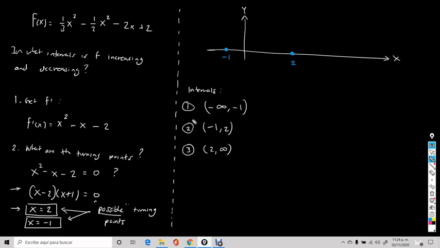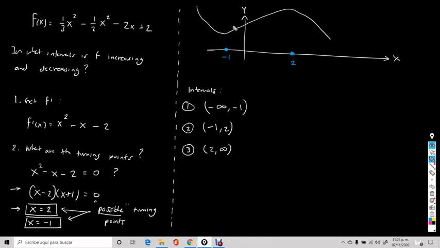You see? So maybe our graph will behave in this way. Maybe it's gonna look like this. It could look like this: from minus infinity to minus 1, it's decreasing, and then from minus 1 to 2, it's gonna be increasing, and then from 2 to plus infinity, we get decreasing behavior again.